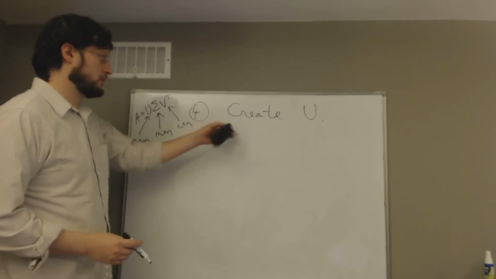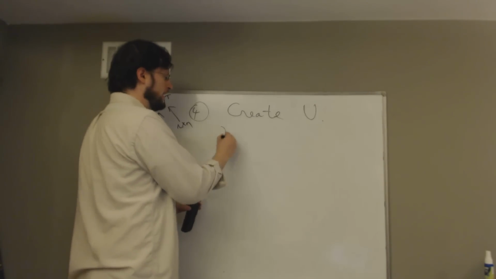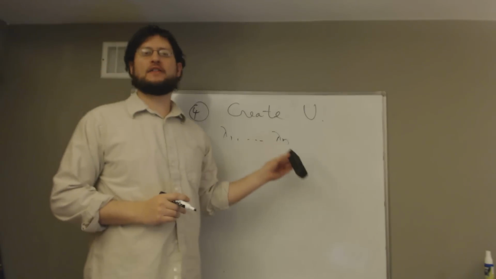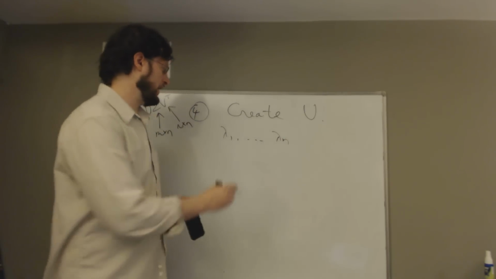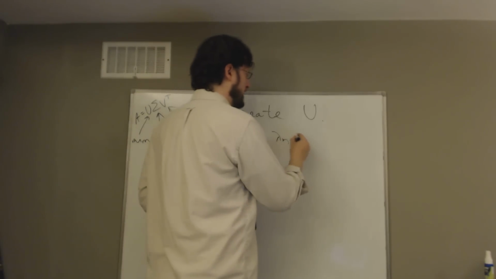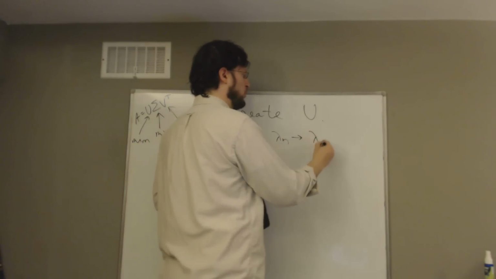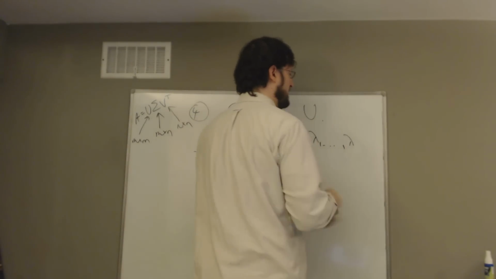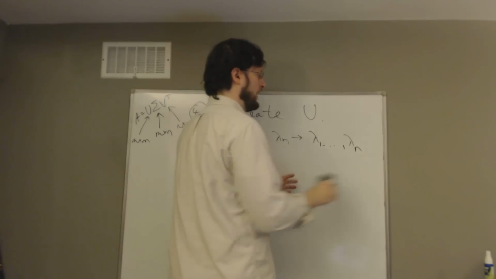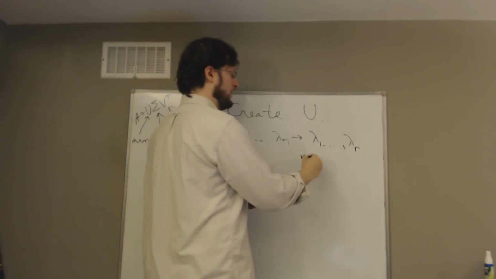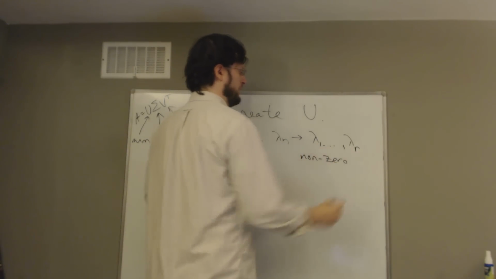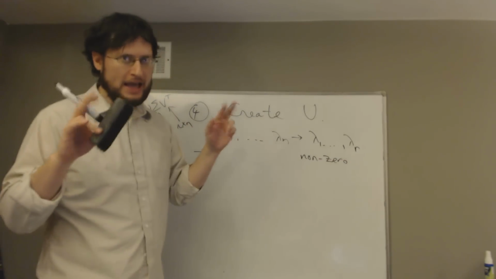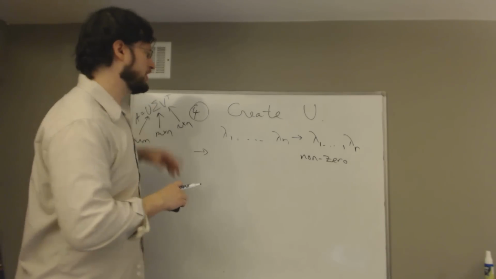We're going to start by remembering that lambda 1 through lambda n are n different eigenvalues for A transpose A, and then we actually just looked at lambda 1 through lambda r, not n, the non-zero eigenvalues. These are the ones that we use to create our diagonal matrix sigma.